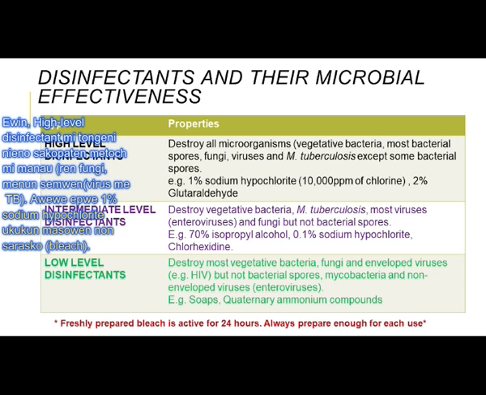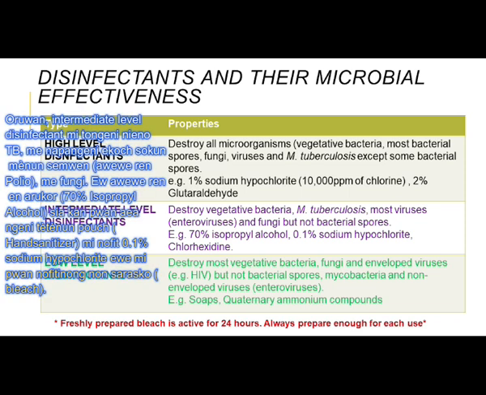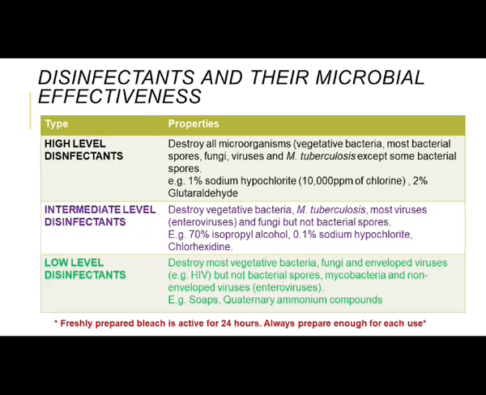These are found in the bleach solution. Intermediate level disinfectants can destroy TB and most viruses, especially enterovirus, some of which can cause polio, and fungi, but not bacterial spores. An example would be the commonly used 70% isopropyl alcohol, which is the base in alcohol hand sanitizers, and also 0.1% sodium hypochlorite, a solution that can be made out of the bleach.